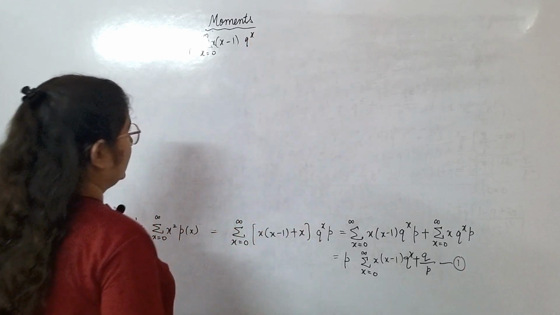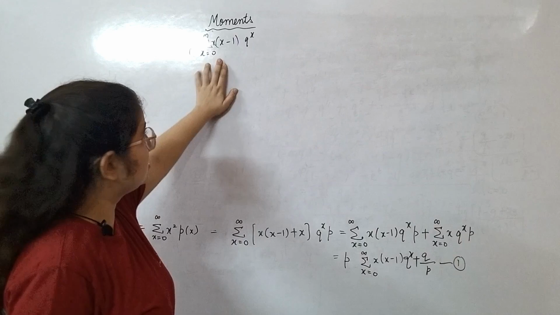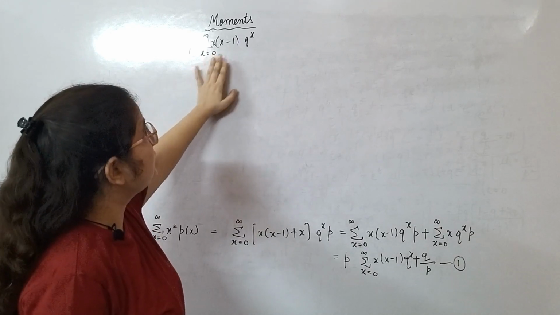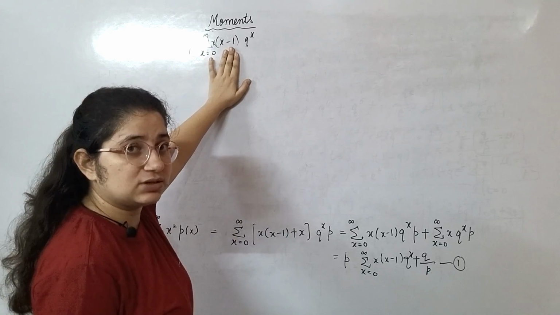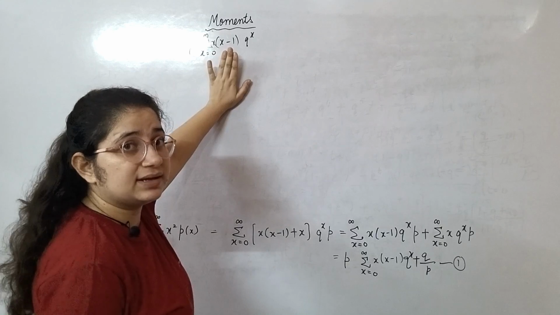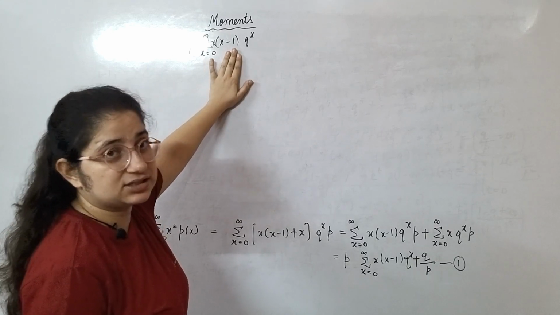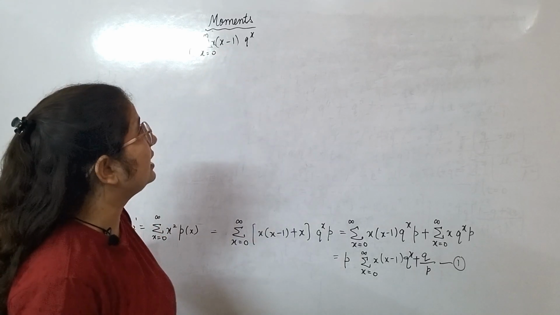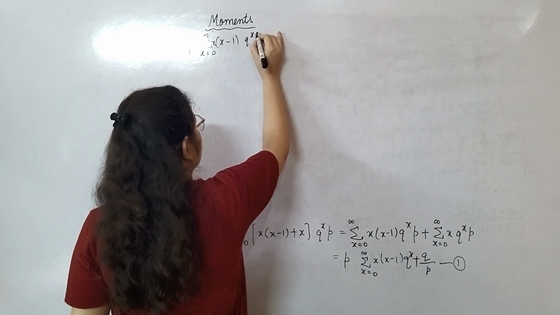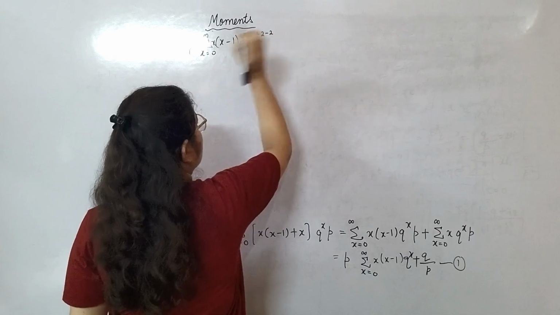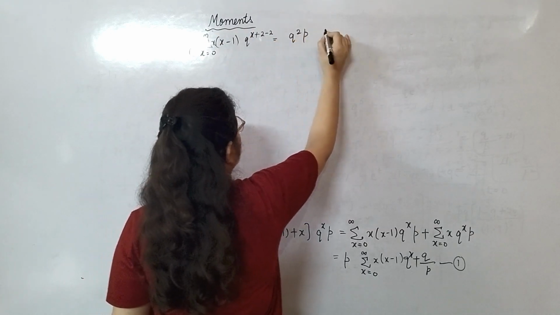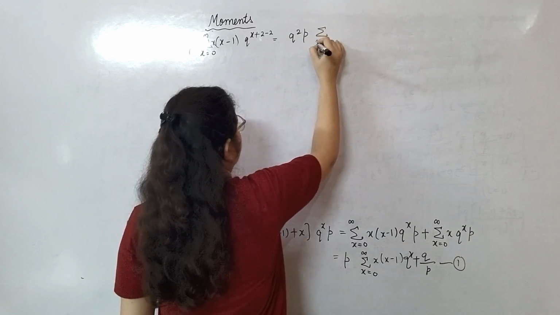Now what I am doing: at x equals 0 this term will be 0, and at x equals 1, 1 minus 1 will be 0, so this term is again 0. From x equals 2 this term starts existing. So I am breaking the power of this q: I am taking out this q square with p outside, and then I am solving the complete term.